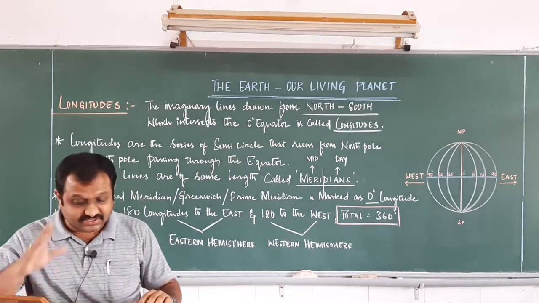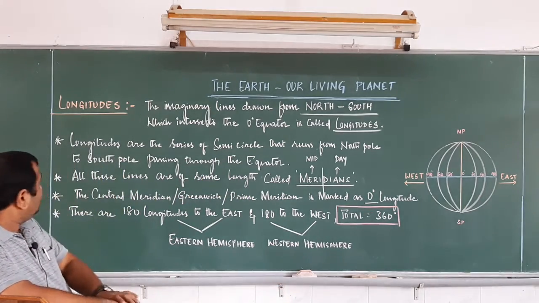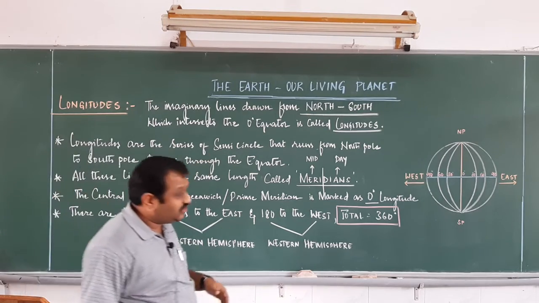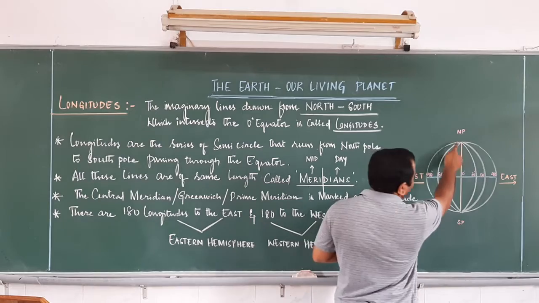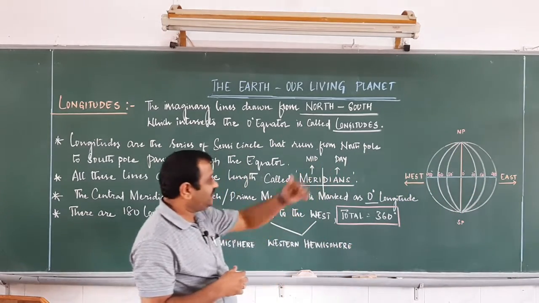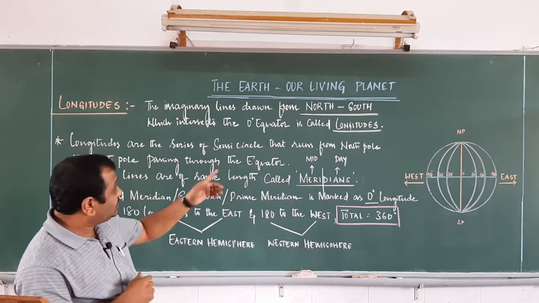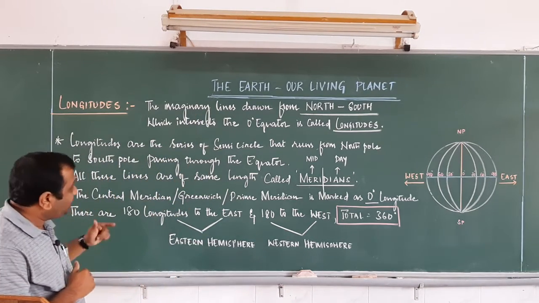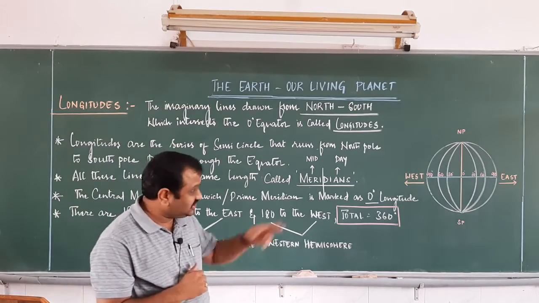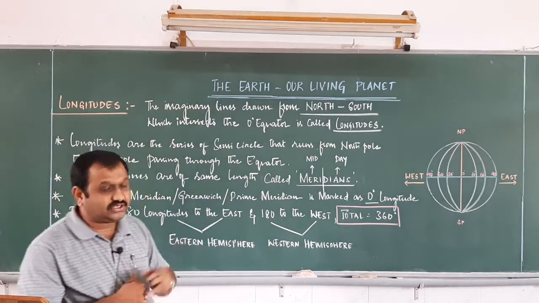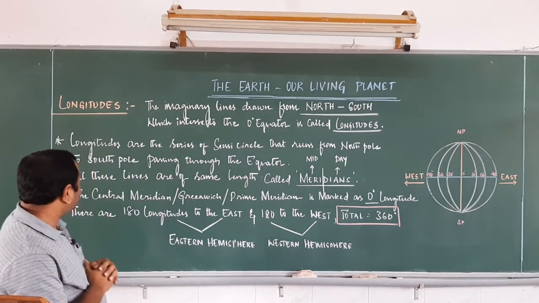As I told you, longitudes are a series of semicircles. You can see only half of the circle here. This is a semicircle. It is a series of semicircles that run from the north to the south pole, passing through the equator.